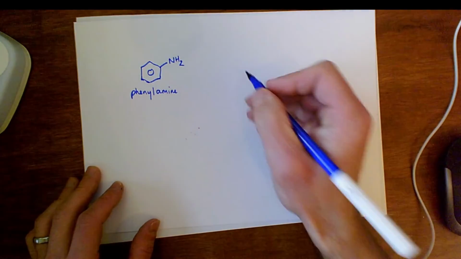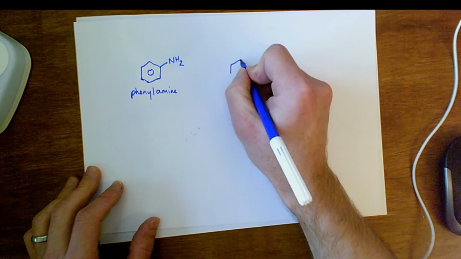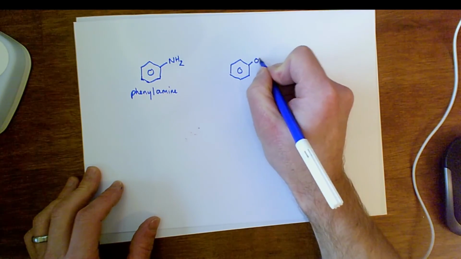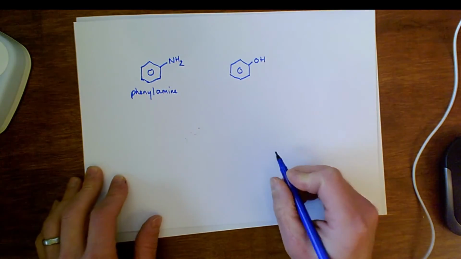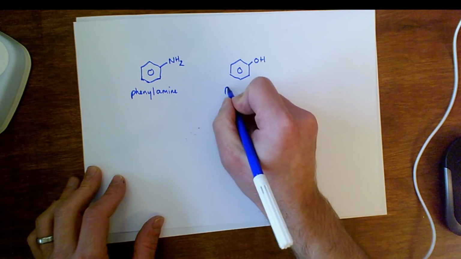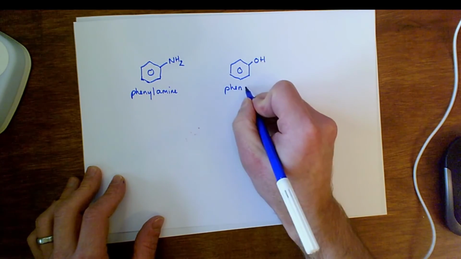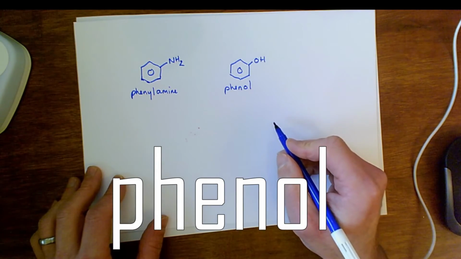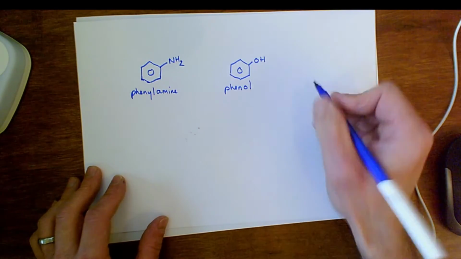Other examples? So I've got an alcohol group attached. So this time, this is a bit of an even weirder one. Phenol. So it's not phenylol or phenyl whatever, it's phenol.